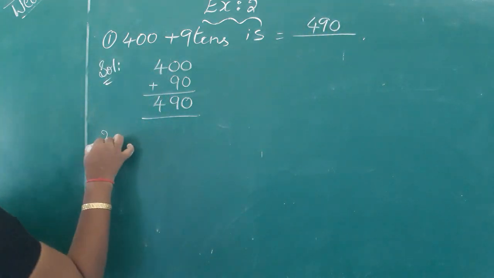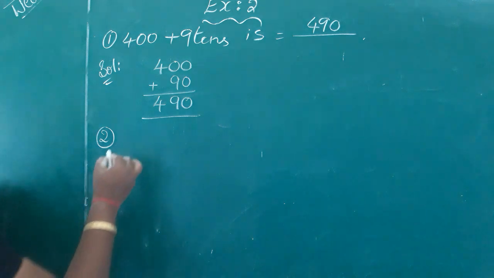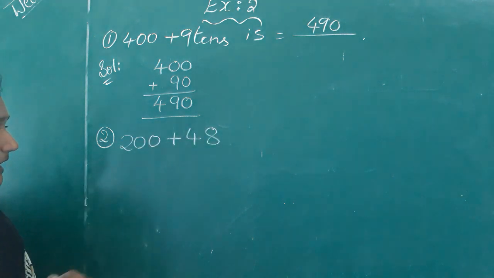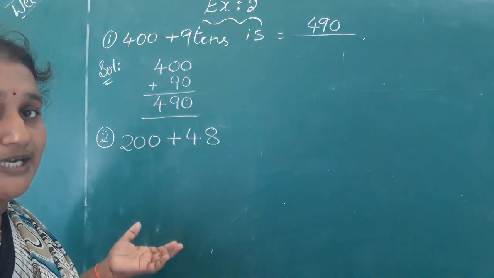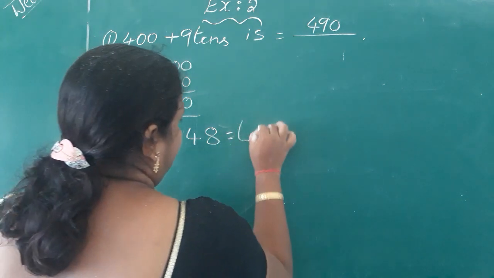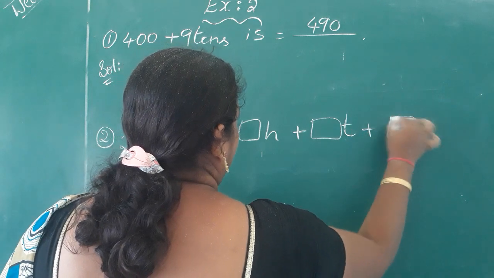Okay. Secondly, 200 plus 48. If you observe, they are given in expanded notation and they are asking us to write again in expanded notation only, how many hundreds, how many tens and how many ones are there in this question.